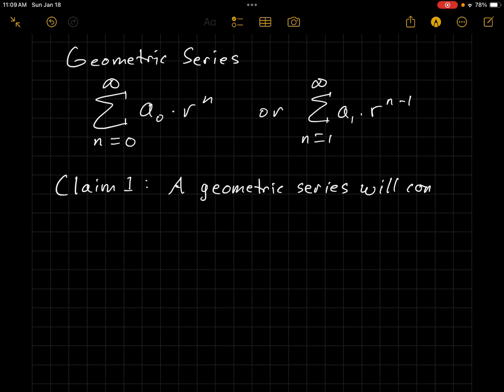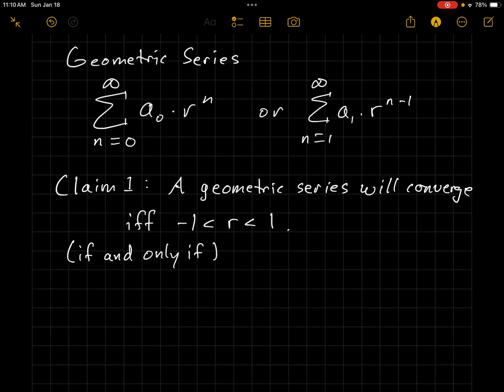In fact, a geometric series will converge if and only if the ratio is between negative 1 and 1. If you haven't seen that before, "iff" stands for if and only if. Very often we write this as the absolute value of r is less than 1. Notice it's strictly less than 1.